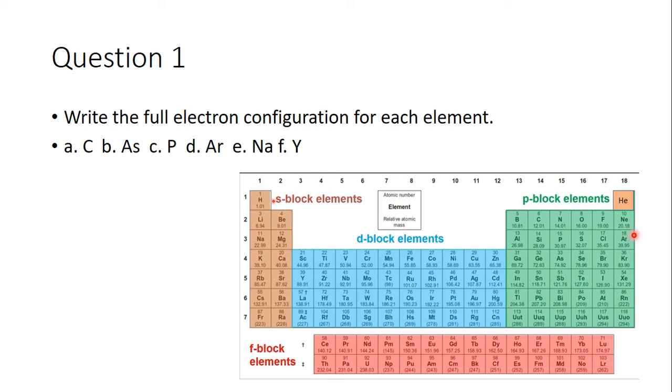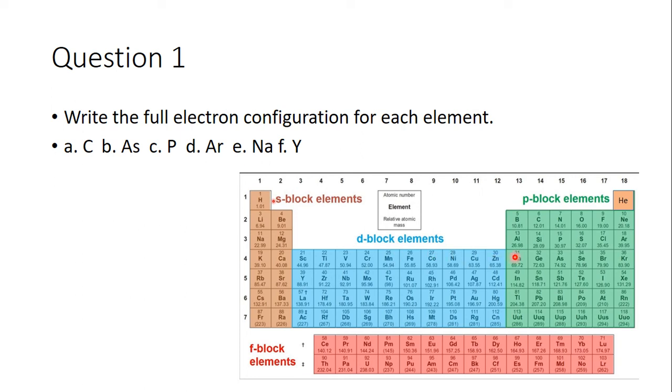We're not at As yet, so we keep on going. 4s2, and here comes the one tricky part with this. For the D block orbitals, even though they're in row 4, their number is 1 minus their row number. So this is actually 3d1. And then we go 3d2, 3, 4, 5, 6, 7, 8, 9, 10.